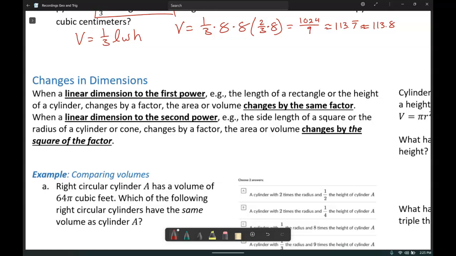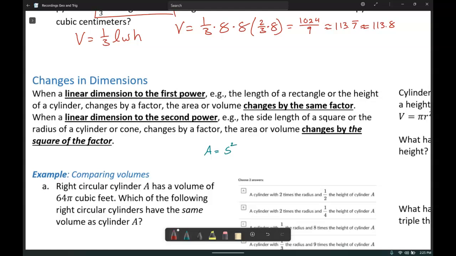So for example, when we have the volume of a cube or of a rectangular prism, where volume is length times width times height, if I double one of these dimensions, such as the length, and now I have 2 times the length, my volume also gets doubled. But if we have something that is raised to the second power, such as the area of a square, which is the side squared.